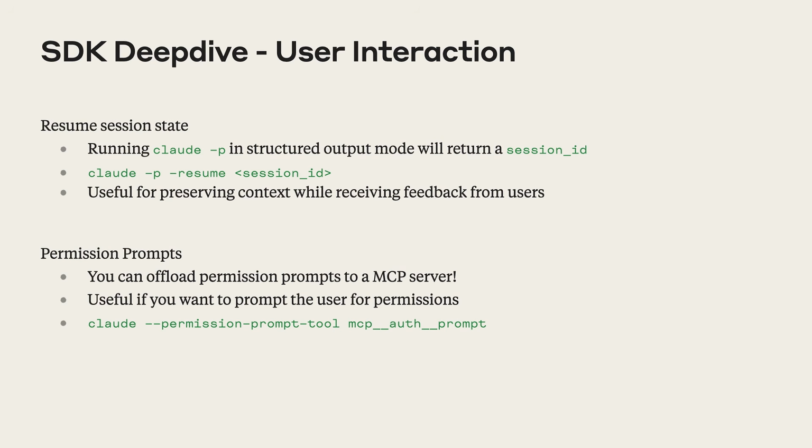And then the last one, and this one's actually pretty interesting, and it's fairly recent too, is --permission-prompt-tool. We talked a little bit about how to give Claude permissions using the allowed tools flag, and that requires you to pre-configure them in advance. But what if you didn't want to, because you don't know what tools Claude would want to use in the future? In that case, you can use the --permission-prompt-tool and offload the permission management to an MCP server.